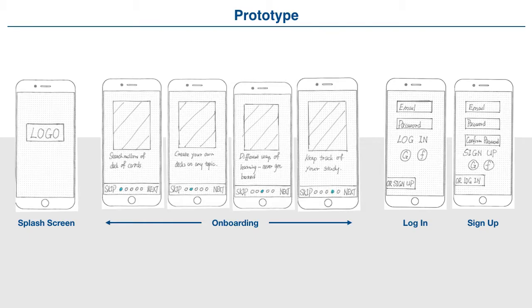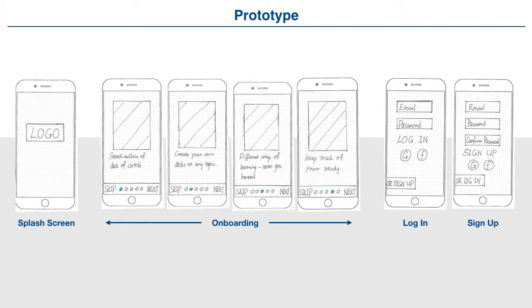After the interview and analyzing the persona's needs and problems, I started to work on the wireframes and the prototype. From the very left of the screen, you can see the splash screen, very simple, just the logo. And then there are the onboarding pages that give you a brief introduction of what the app is about and what it can do for you.